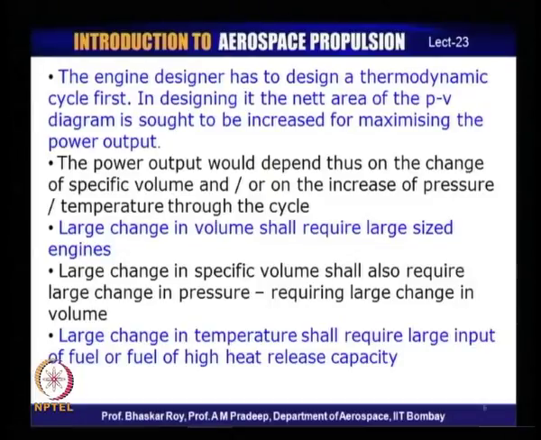That is another story, but the engine designer needs to design a cycle first, and that cycle design needs to concentrate on increasing the net area of the PV diagram, so that the work output expected can be maximized. Now, how do you do that? So, the idea is, if you want power output maximized, you have to have the change of specific volume or the increase of pressure or temperature through the cycle.